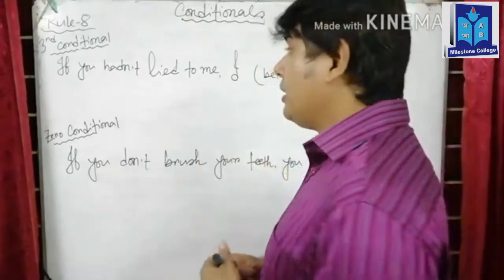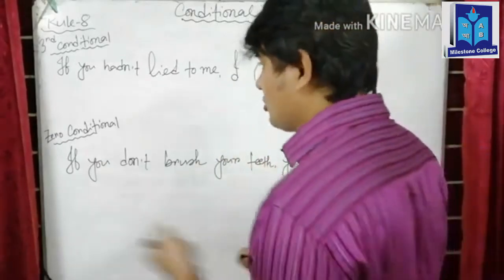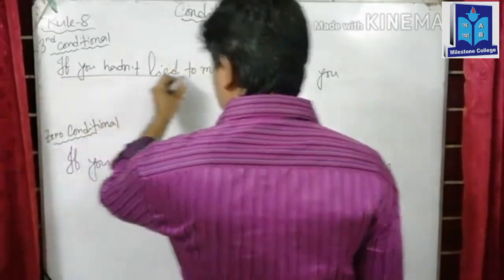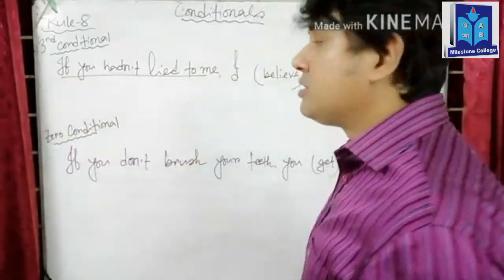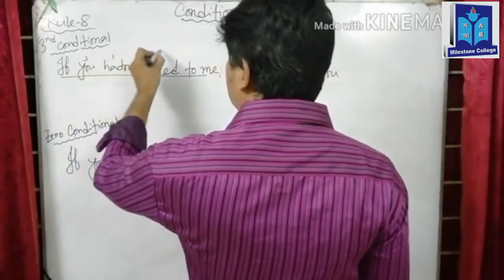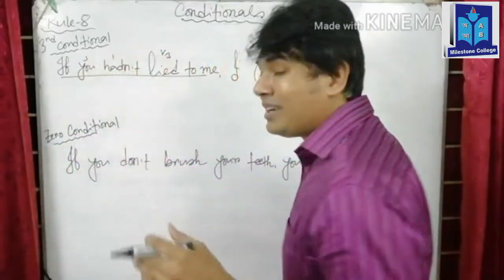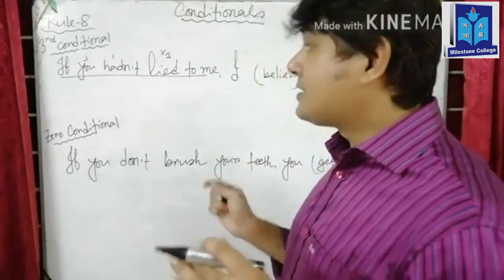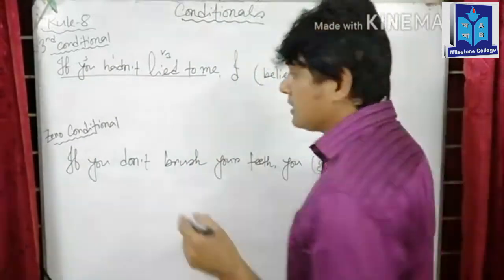In this example, this conditional clause, let's see the tense of this clause. Subject, then had, and then past participle form. So this indicates this sentence as past perfect tense.